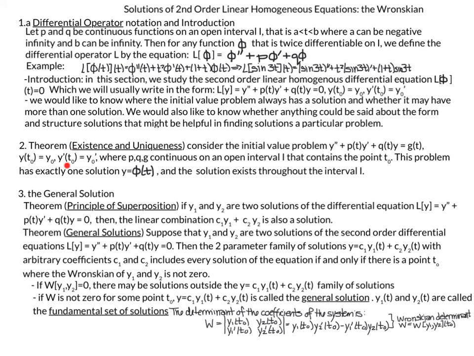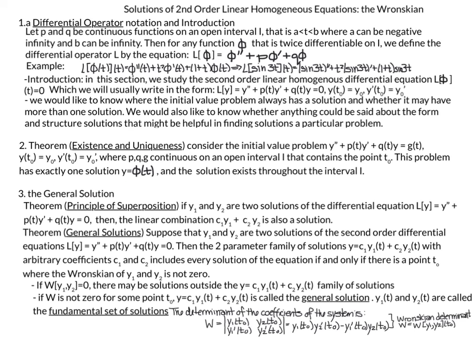This additional initial value was not in our first order case. Essentially, this initial value problem has a solution exactly where p, q, and g are continuous on an open interval I that contains the point t naught. So this problem has exactly one solution, y equals phi of t, and the solution exists throughout the same interval I where p, q, and g are continuous.